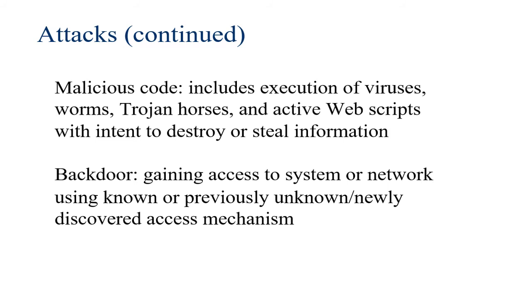A backdoor is used to gain access to our system or our network using known or previously unknown or newly discovered access mechanisms. So backdoor is also a type of attack, or one can make use of a backdoor to attack.